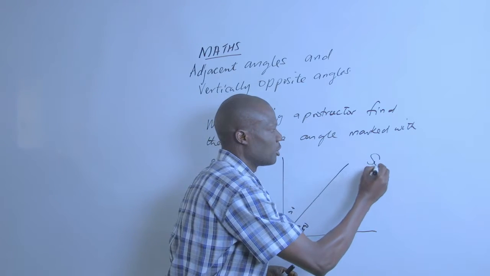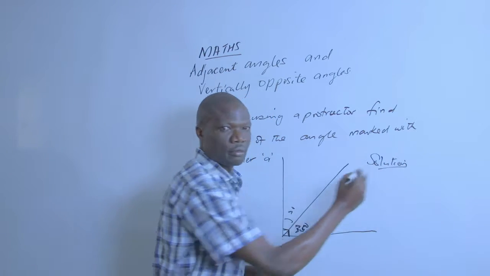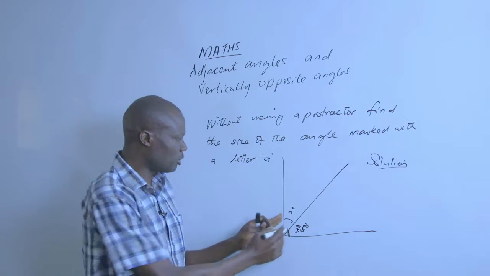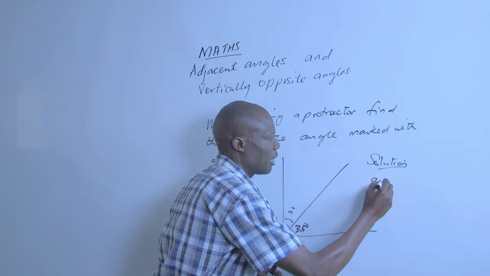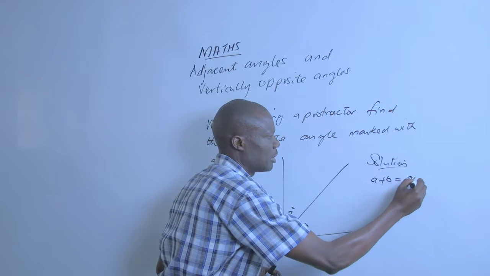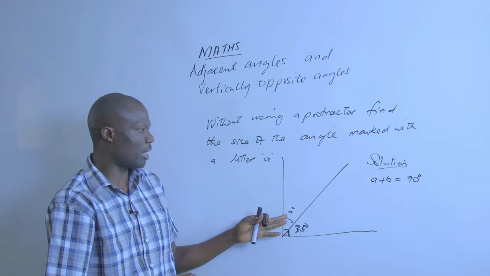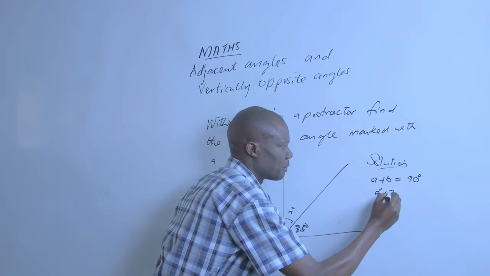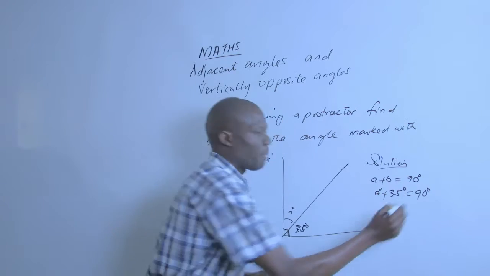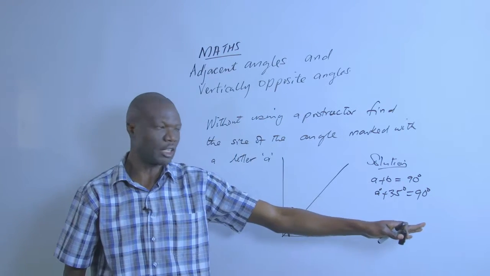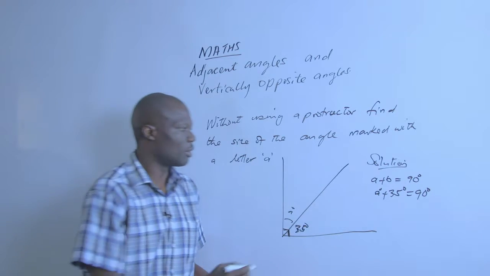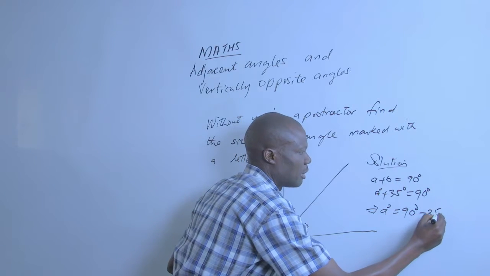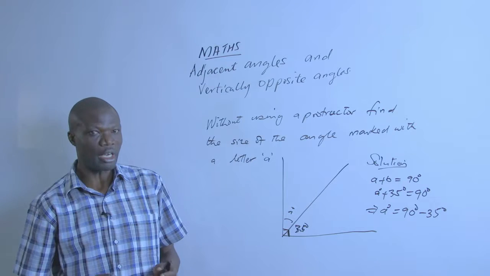So looking at the solution, here you'll notice that we have two angles that are adjacent, which implies that A plus B should give us 90 degrees. In this case, we have A as unknown, and B is 35 degrees. So A plus 35 degrees should give us 90 degrees, which implies that A is equal to 90 degrees minus 35 degrees.